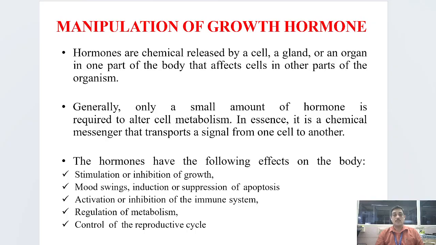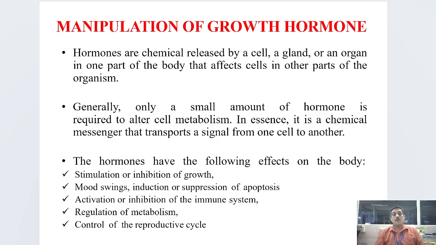These are chemicals released by cells. Chemicals in the sense that they are made up of amino acids and proteins. These are released by a gland, or a cell in the gland, or an organ which is part of the body. Upon release, the hormone affects the cells in other parts of the organism.